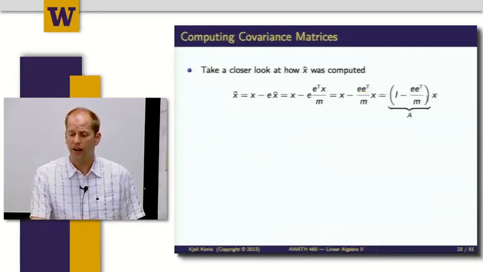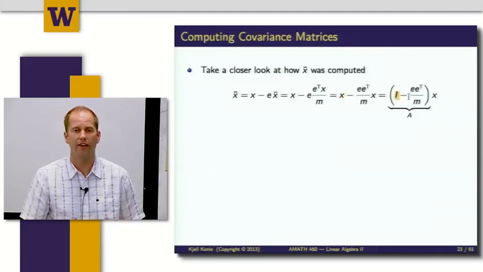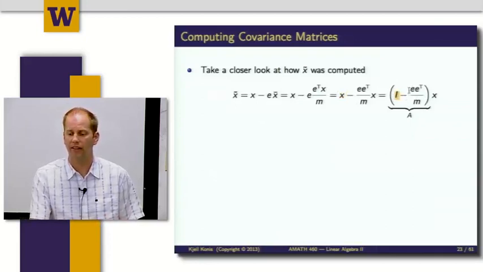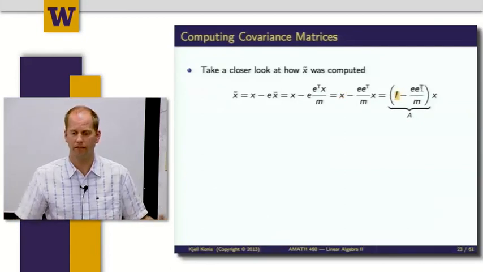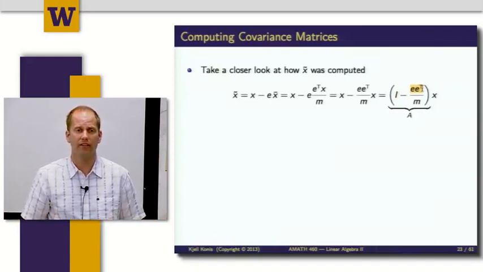Now I can always factor an identity matrix out of something. So I could write this as I, an m by m identity matrix, minus E E transpose over m, times x. This outer product is an m by m matrix of all 1s divided by m, so each element of this second matrix is 1 over m.